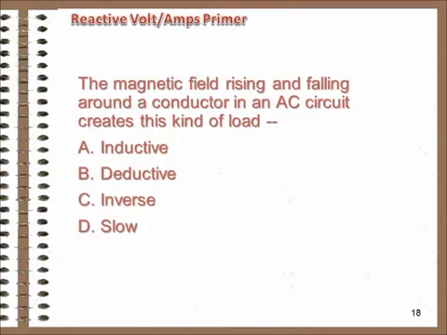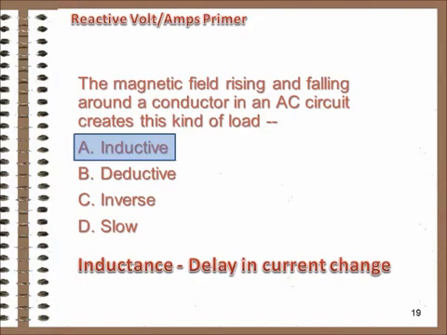So the magnetic field causes a kind of load in AC circuits that operators call inductive, because the action of the magnetic field is said to induce current flow and make the change in current lag the change in voltage.